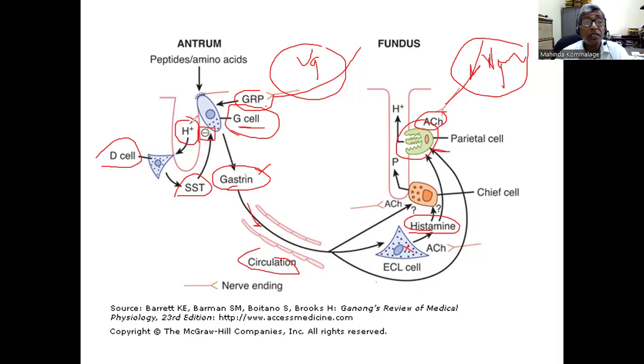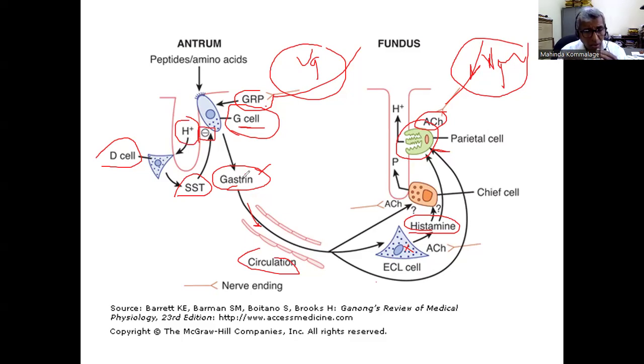When the H+ concentration increases, that will directly stimulate D cells, and then D cells will secrete somatostatin and inhibit the G cells. So when the acid secretion increases, we need to inhibit the parietal cells. We cannot directly inhibit the parietal cells, but we can inhibit the gastrin secretion from the G cells. How? Through the substance produced by D cells, which will inhibit the G cells, and gastrin secretion will be inhibited, right?